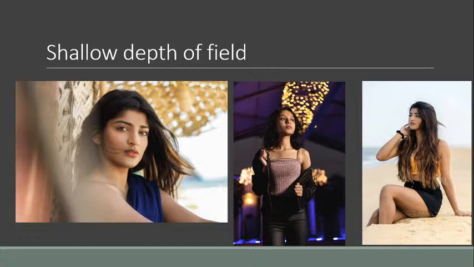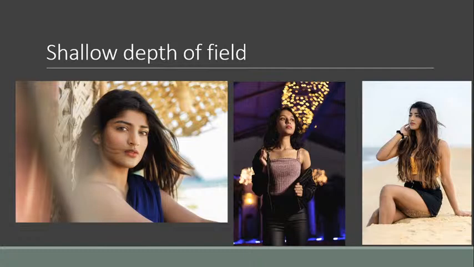Either use the maximum focal length of a lens or use a smaller aperture like f2, 2.8 or lower than that. So that's the two ways you can have it in focus. And so there are multiple advantages of having shallow depth of field.